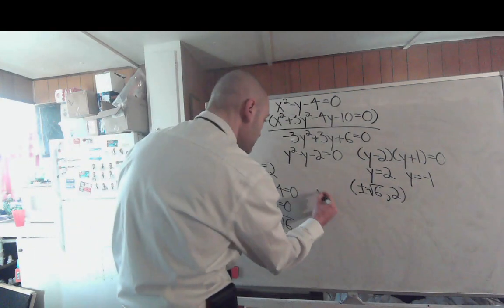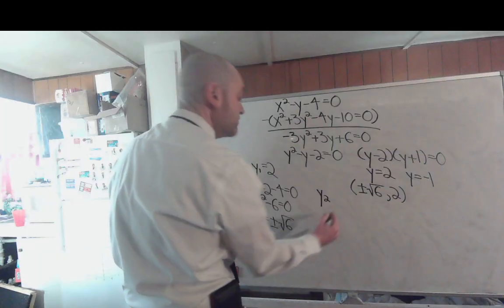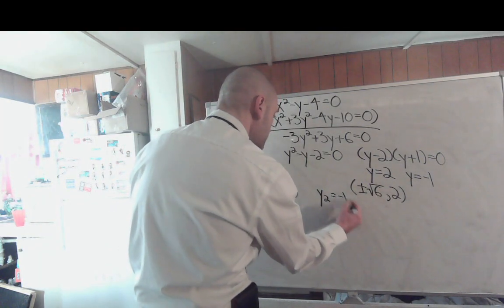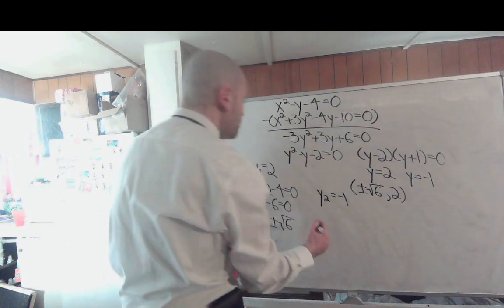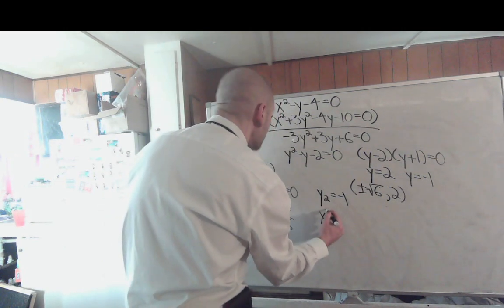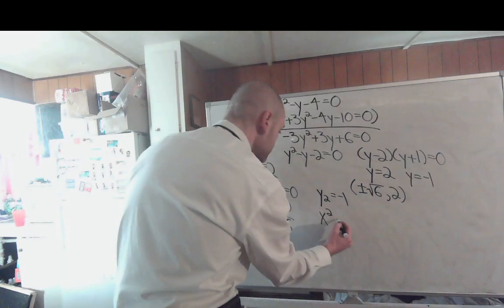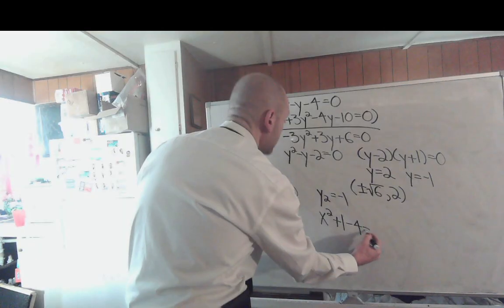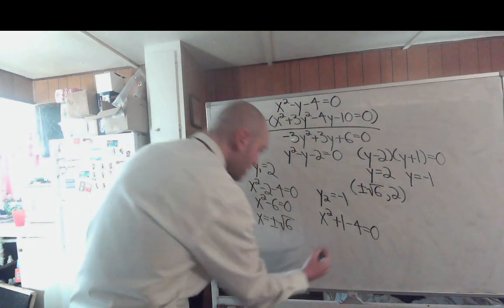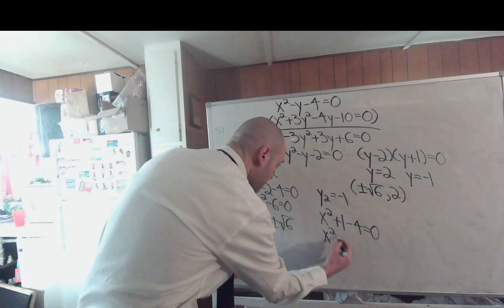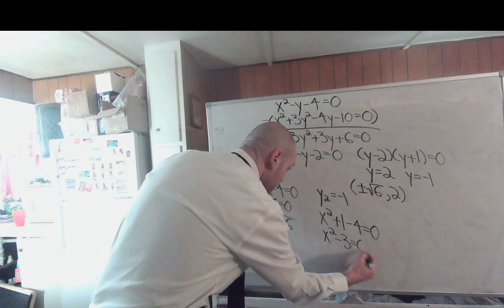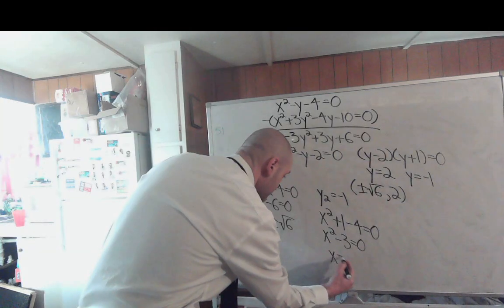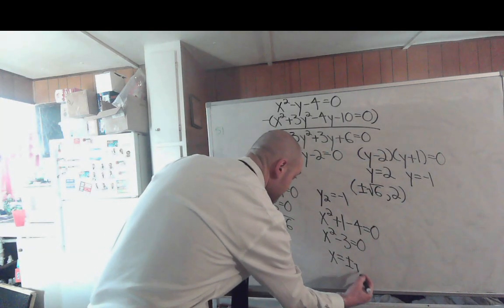Now let's pick our second y coordinate of negative 1. So put that into the top equation, you'll get x squared minus 1, that's plus 1, minus 4 equals 0. So that would give you x squared minus 3 equals 0, which would give you x equals plus and minus the square root of 3.